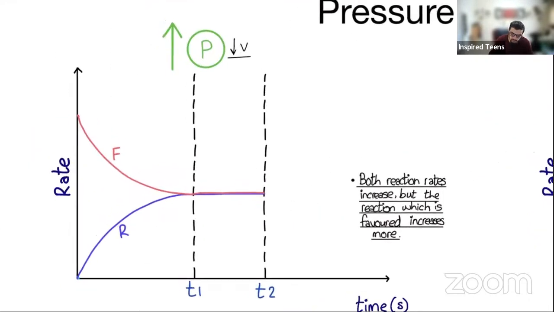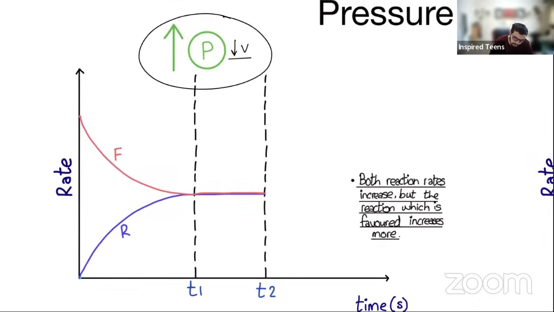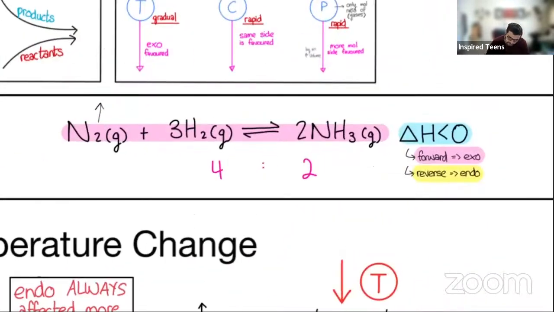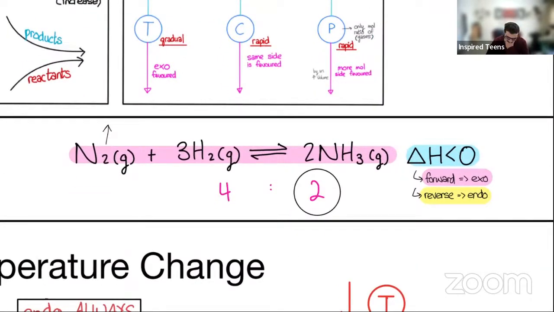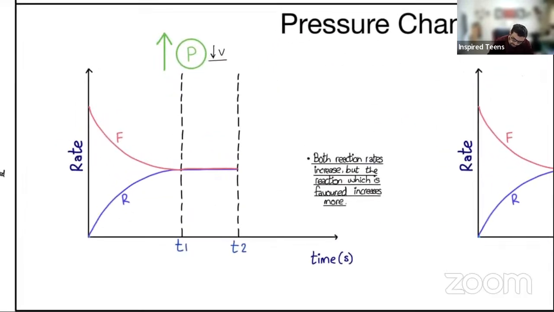Let's try and remember which reaction is favored. An increase in pressure by a decrease in volume, if I remember correctly from TCP, favors the less mole side. In this case, the less mole side is the products. If you want to favor the products, you will have to favor the forward reaction. So the forward is favored.